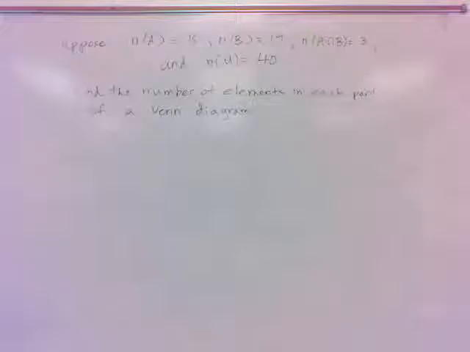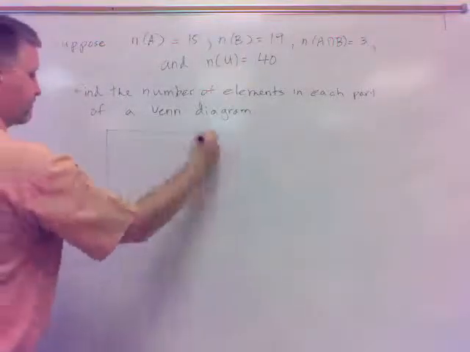Kind of a little different twist on the things we've been doing, but similar in a lot of ways. Okay, so I want to draw my Venn diagram, which has two sets, so the interlocking Venn diagram.